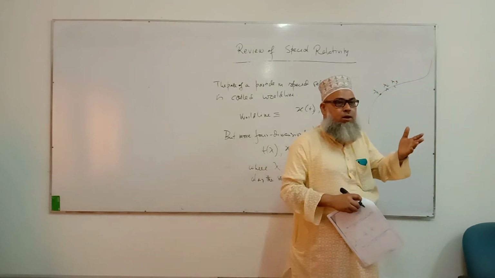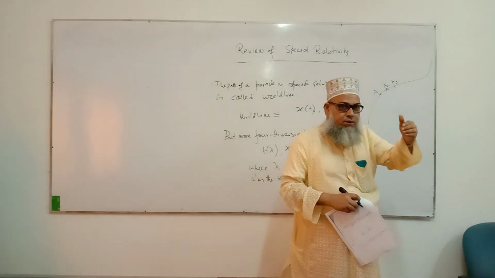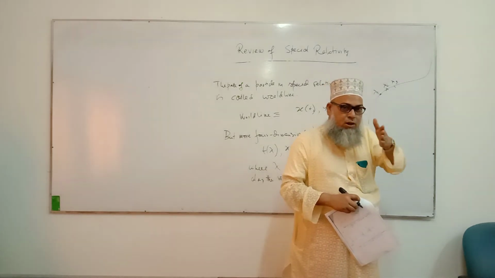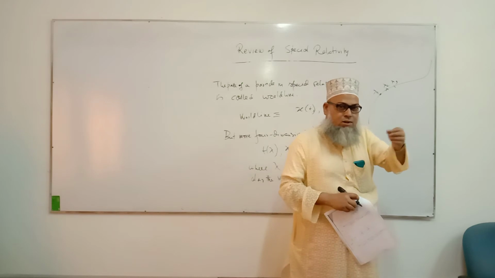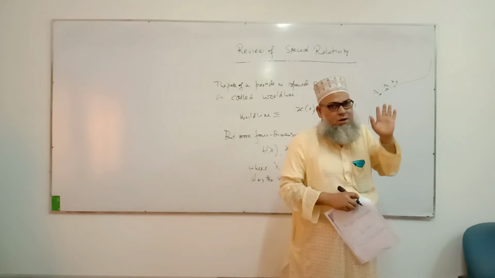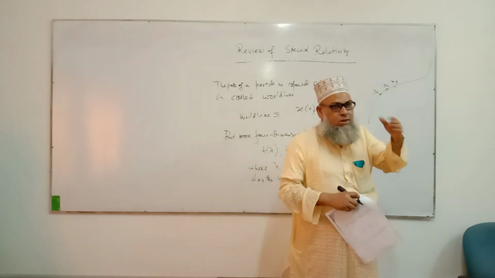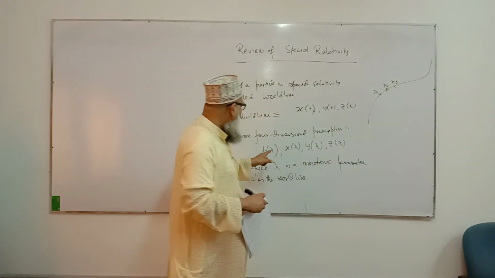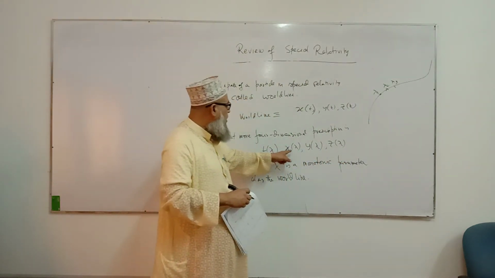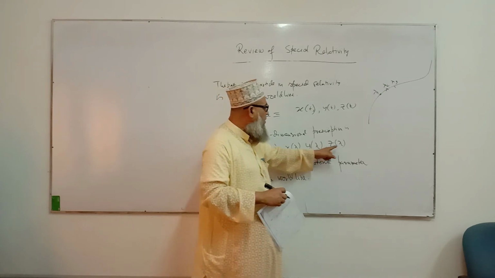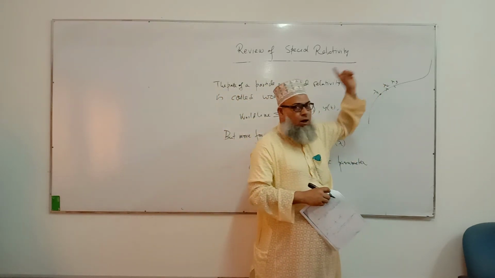What is monotonically? In the same fashion, it moves, it increases. Monotonic parameter. So as you give t as a function of lambda, x, y, z as functions of lambda, you trace out the world line.